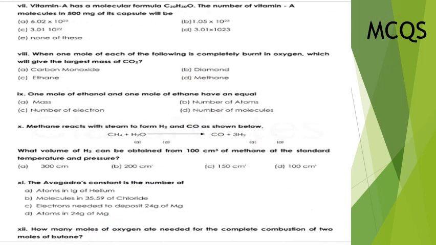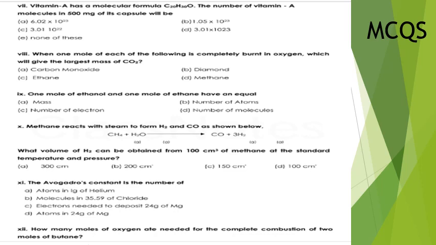Now the next one is, vitamin A has a molecular formula C20H30O. You have to calculate the number of molecules in 500 milligrams of vitamin A. Now find out first the molecular mass of this vitamin A, then convert milligrams into grams, and then relate it.